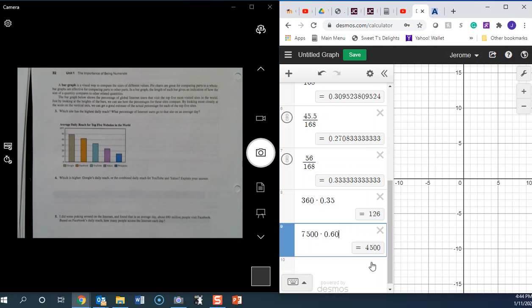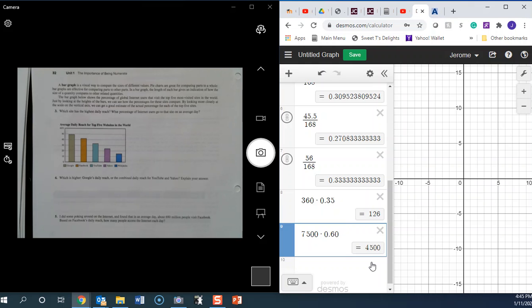It says a bar graph is a visual way to compare sizes of different values. Pie charts are great for comparing parts to a whole. Bar graphs are effective for comparing parts to other parts. In a bar graph, the length of each bar gives an indication of how the size of a quantity compares to other related quantities.